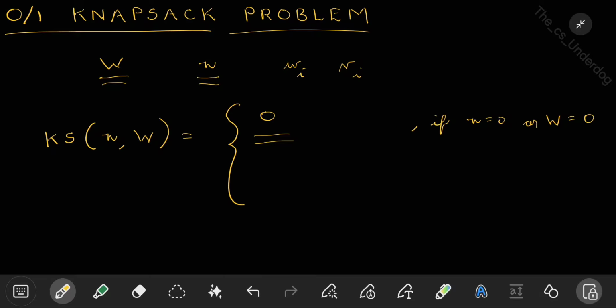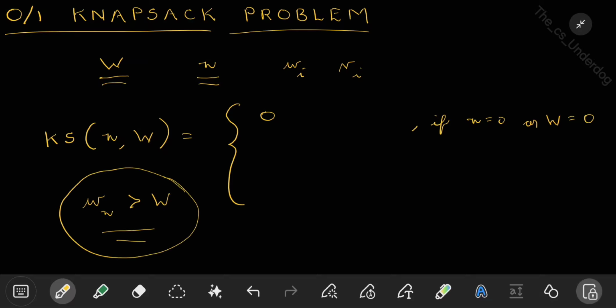If both of those are not 0, then let us see what are the cases. You have n items. What if the weight of the nth item, let us say Wn, is greater than W? If the nth item has a weight larger than the capacity of the knapsack itself, then surely it's not possible to insert this item.